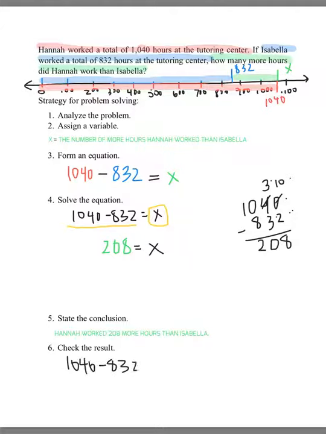We found that earlier to be 208. So we have 208 equals 208. We always ask ourselves if that is a true statement, in which case we know that 208 certainly is equal to 208. Since we have a true result, our solution of x equals 208 is correct, and therefore we know that Hannah worked 208 more hours than Isabella.